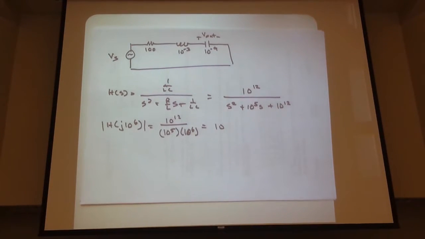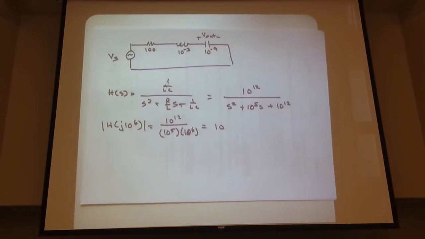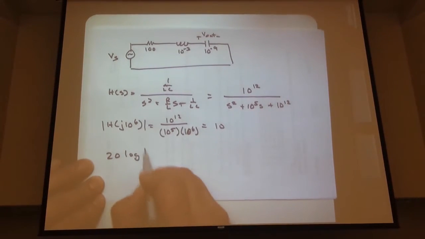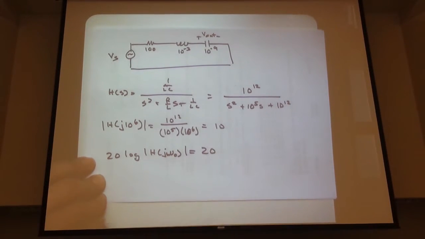So we're strongly underdamped, and now the magnitude of the transfer function at the resonant frequency is 10. Well, on dB scale, what's that? 20 log of H of j omega naught equals 20 dB.